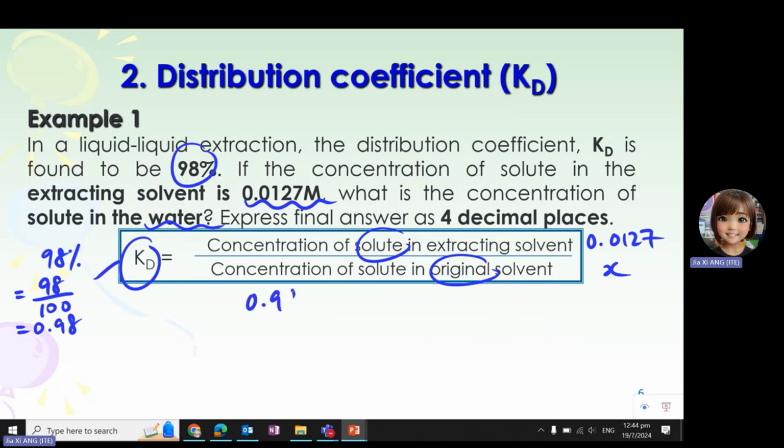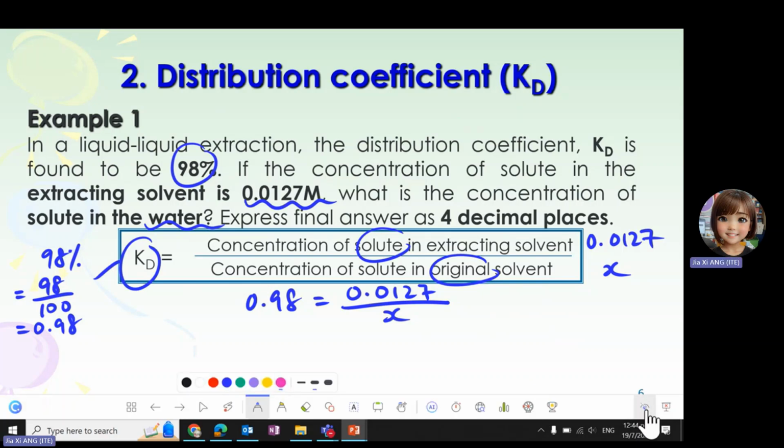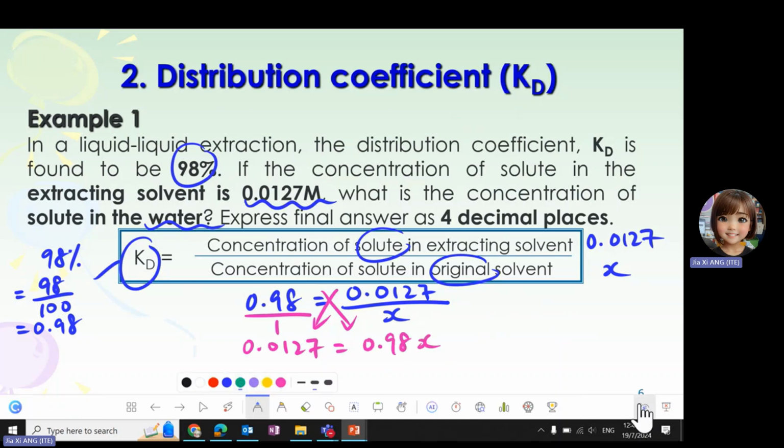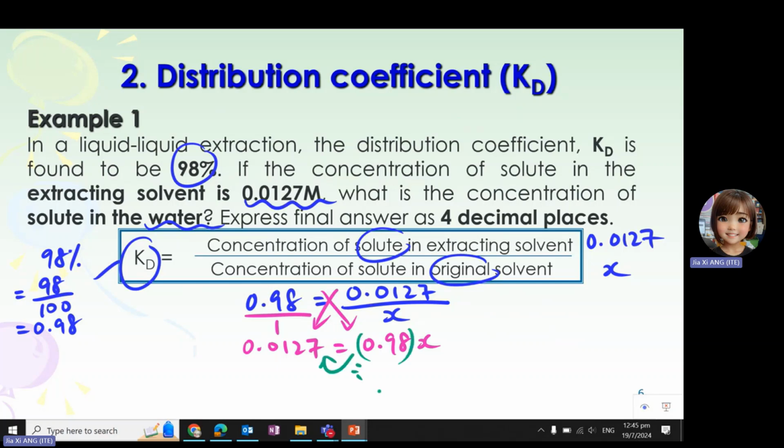We have 0.98 equals to solute in extracting solvent 0.0127 divided by the X value. Then we solve for X. Let this be over 1. We can cross multiply. So you will get 0.0127 equals to 0.98x. So how to find the X value? You can bring 0.98 to the other side of the equation by dividing over.